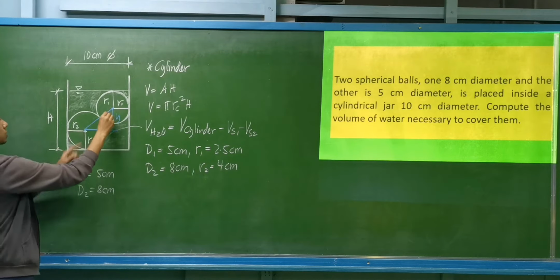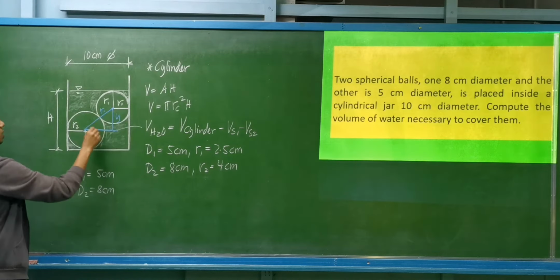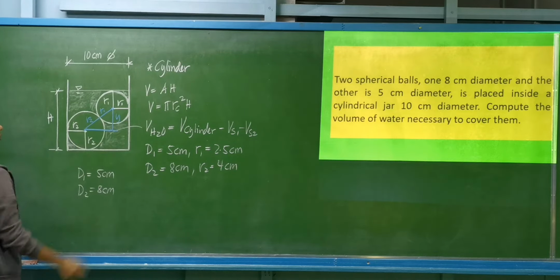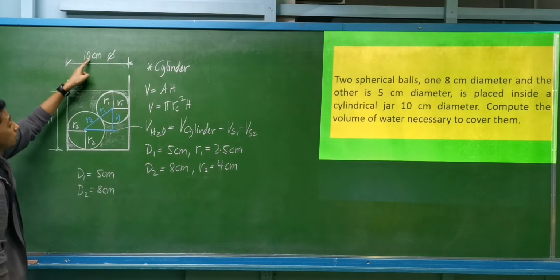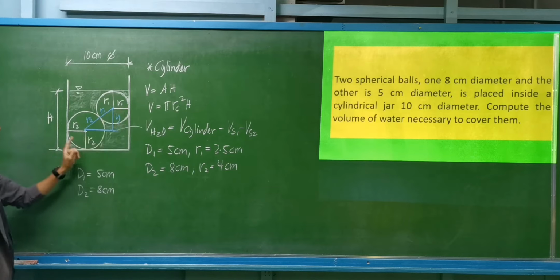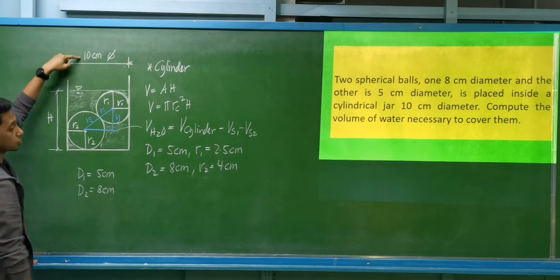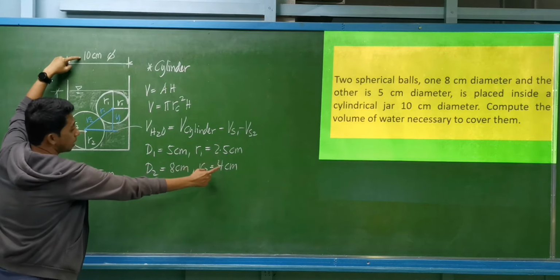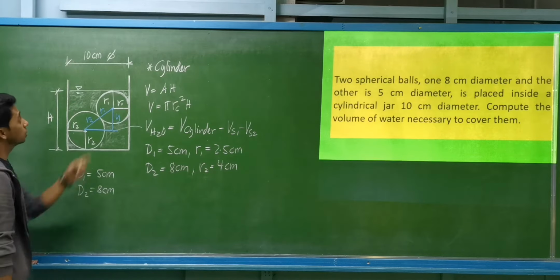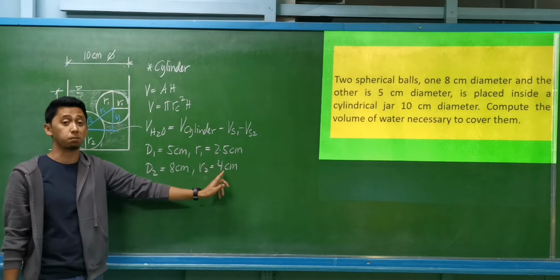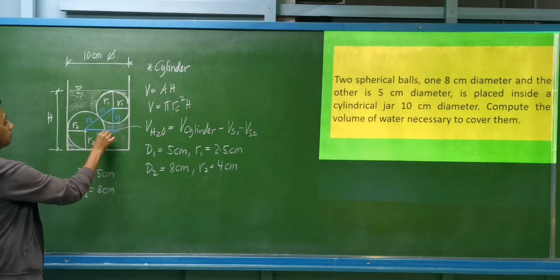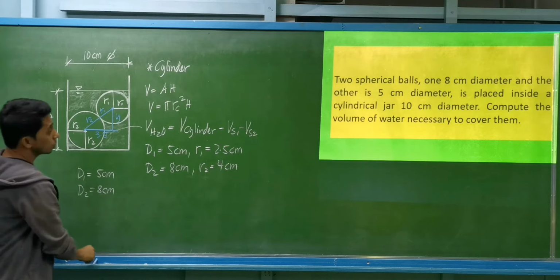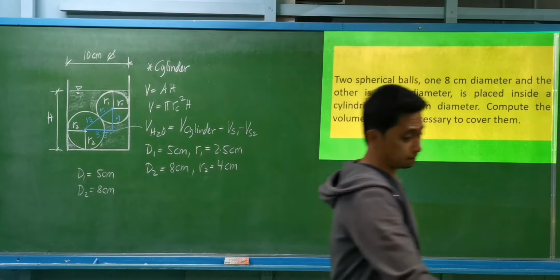So this distance is the same as R1 and R2. Do we know this horizontal distance? That is the same as 10 minus R1 minus R2, which is 10 minus 2.5 minus 4, the same as 10 minus 6.5. What is 10 minus 6.5? This is 3.5.